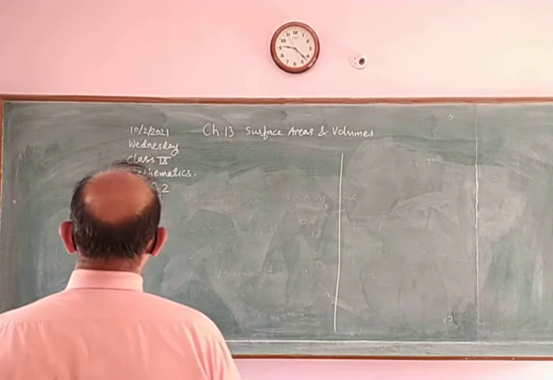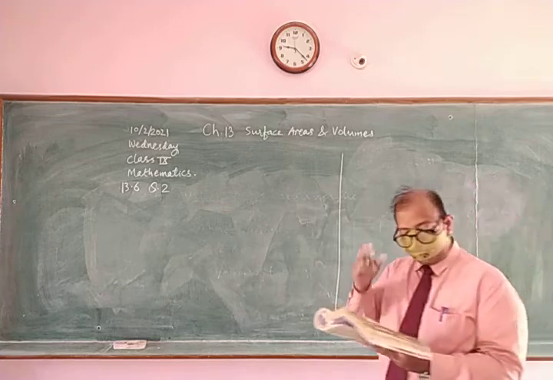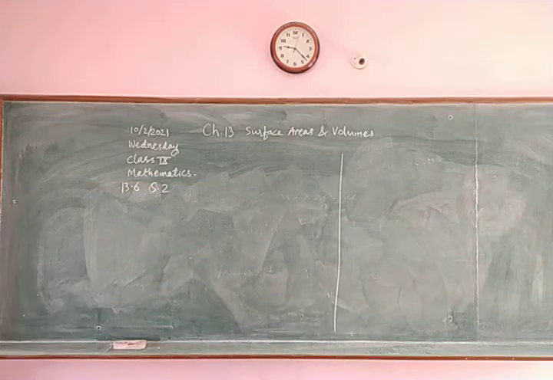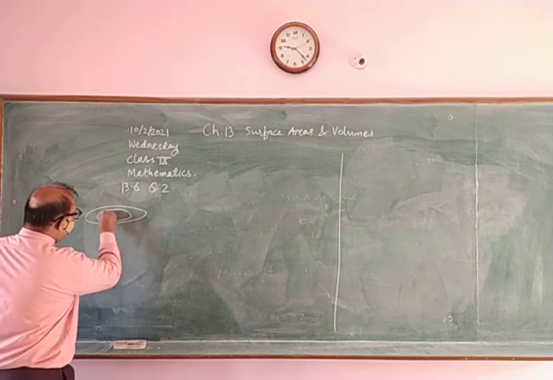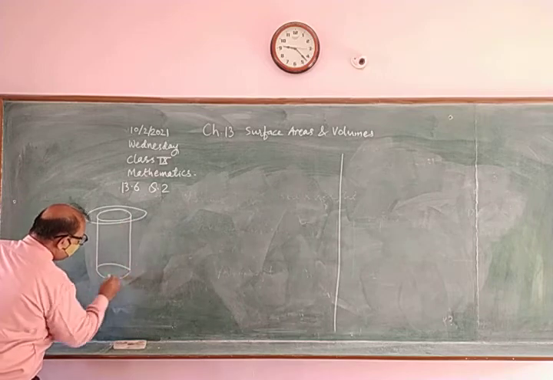Now we come to the second question. The second question is about the inner diameter of a cylindrical wooden pipe. Inner diameter and outer diameter.